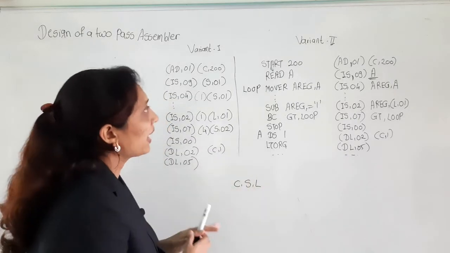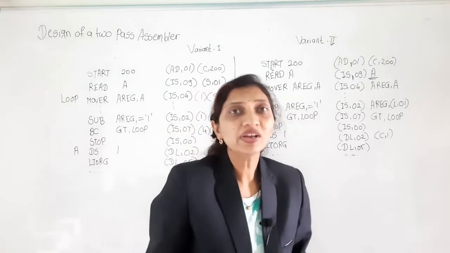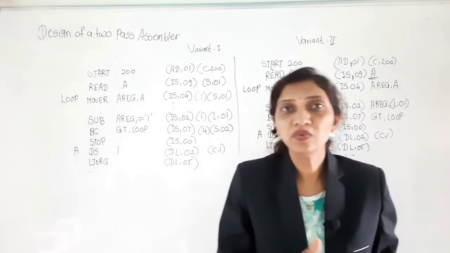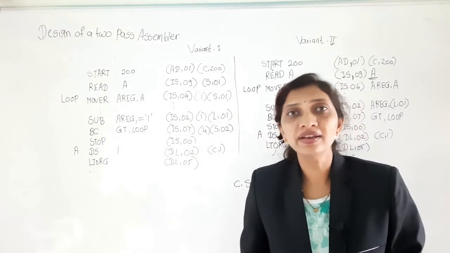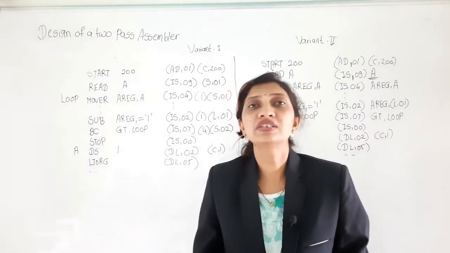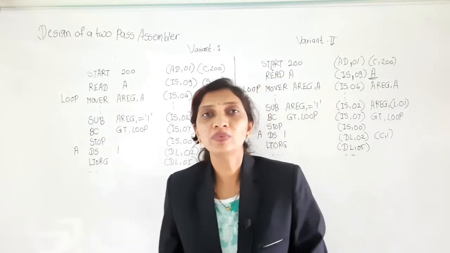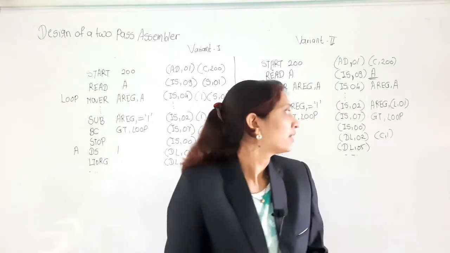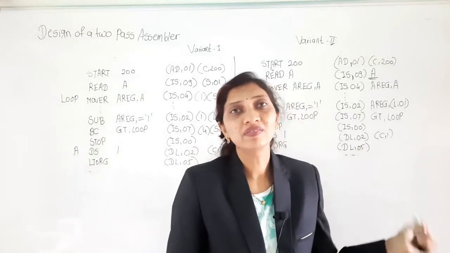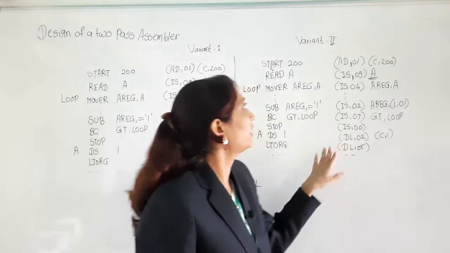Now we compare variant 1 and variant 2. In variant 1, much work is done in the analysis phase, so less work is performed during the synthesis phase. But here exactly vice versa, means balancing is done in variant 2.